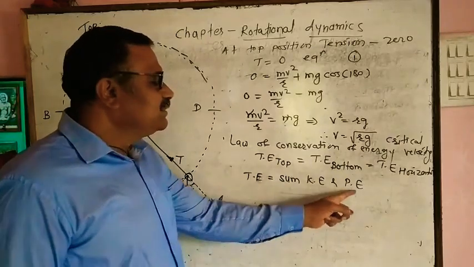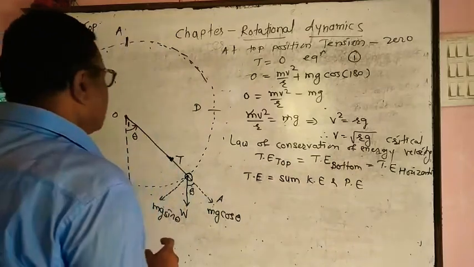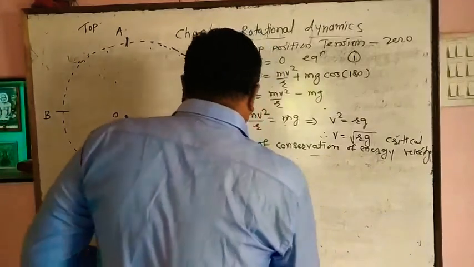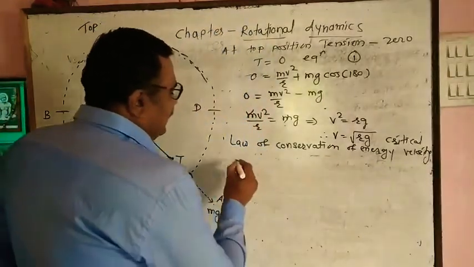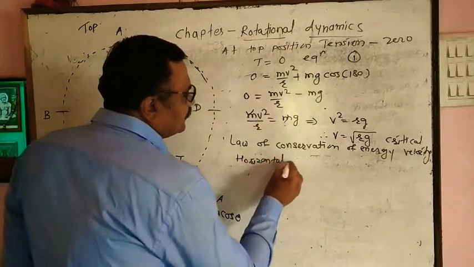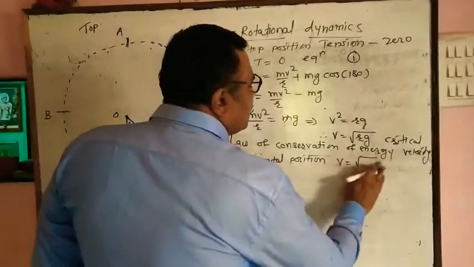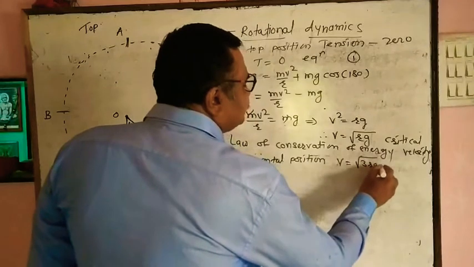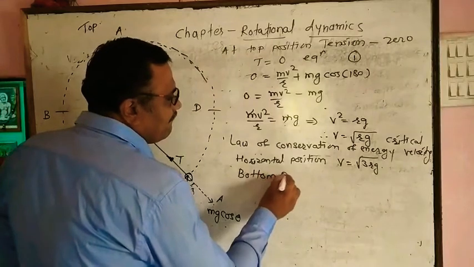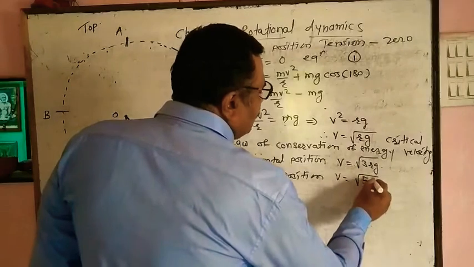By substituting these values and using the law of conservation of energy, we observe at the horizontal position the velocity is equal to under root of 3rg, and at the bottom position the velocity is equal to under root of 5rg.